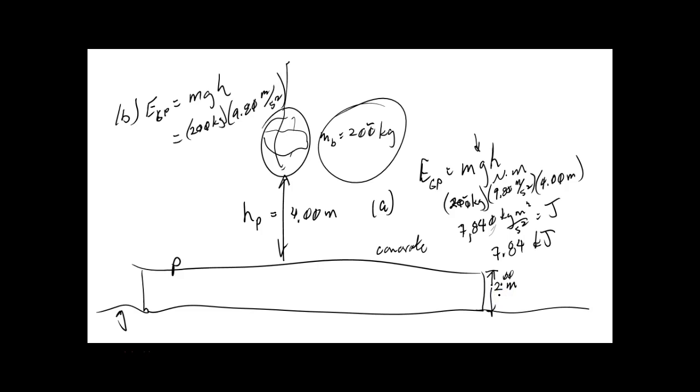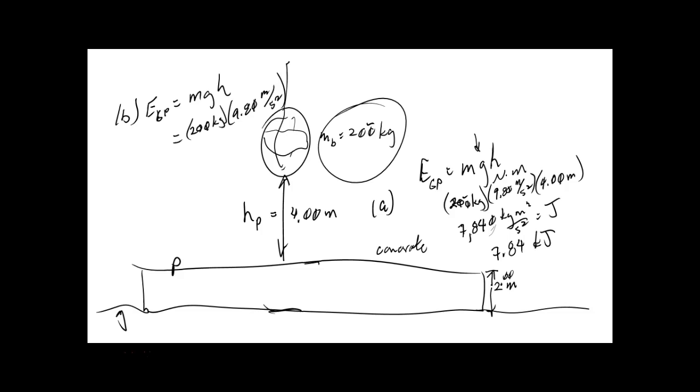Don't multiply anything. The height, 4.0. Okay, that was above the platform. What's the height above the ground? We're talking height. Height of the ball above the platform was 4 meters. How far is the platform above the ground? 2 meters.